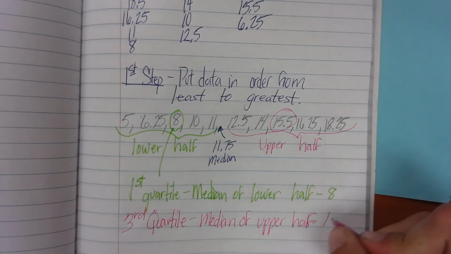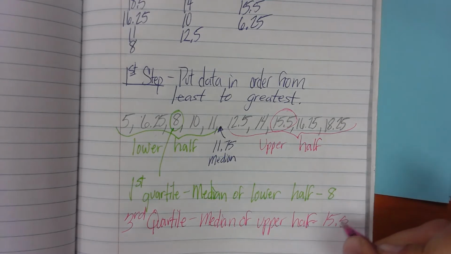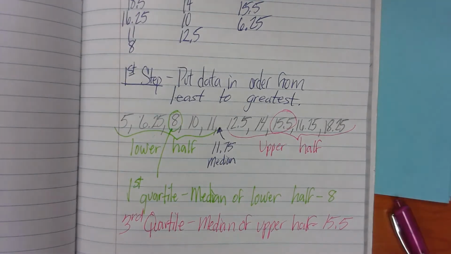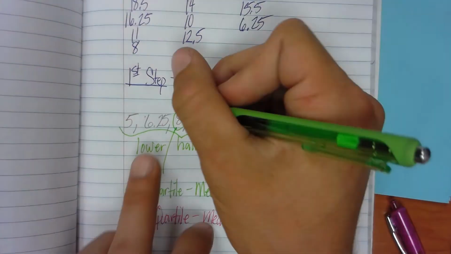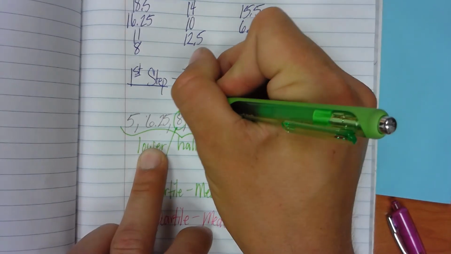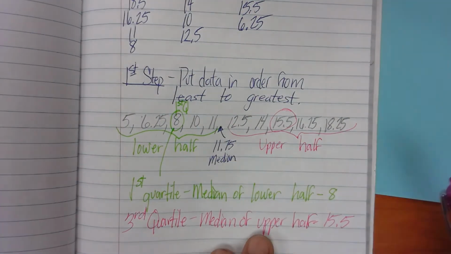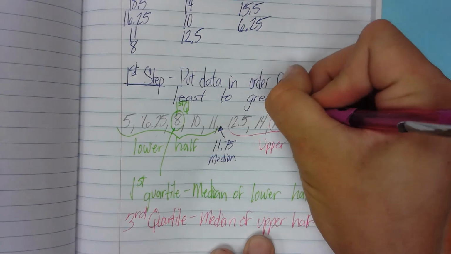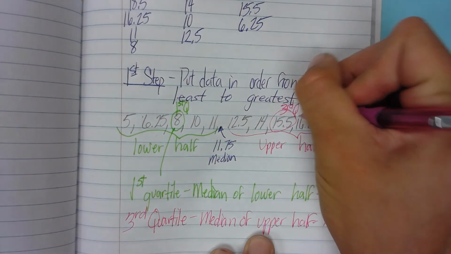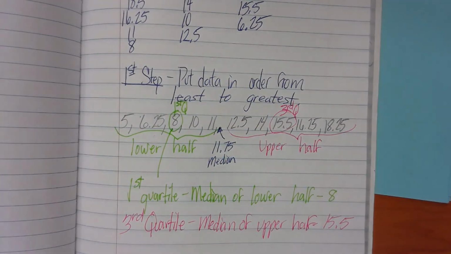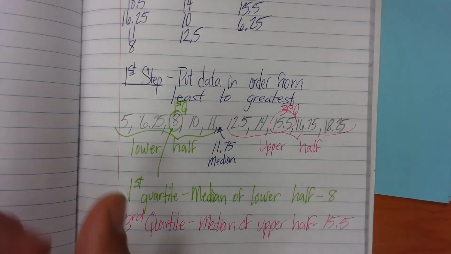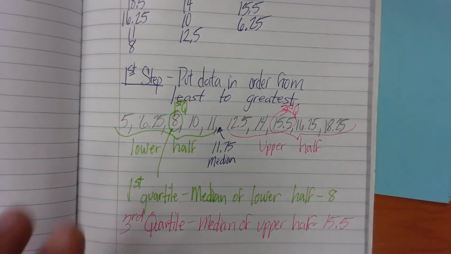This is 15.5. These are going to be abbreviated with first Q. This will be my third Q. So now your data is split into 4 equal sections.